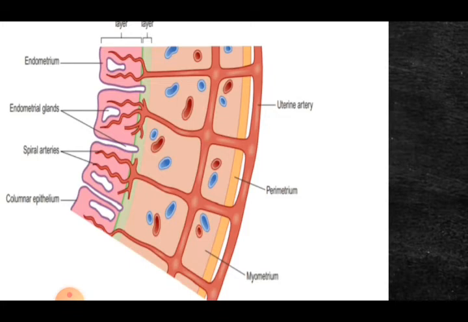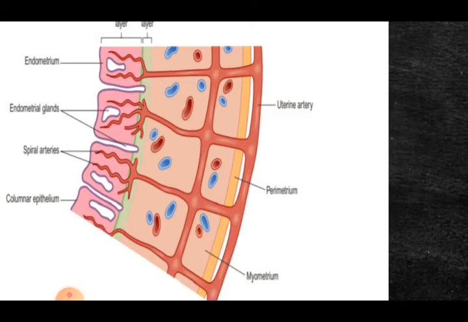Then it folds onto the upper surface of the urinary bladder, and it forms a pouch that is called the vesico-uterine pouch. This pouch, the vesico-uterine pouch, is between the uterus and the urinary bladder, and it is formed when the perimetrium folds onto the upper surface of the urinary bladder.